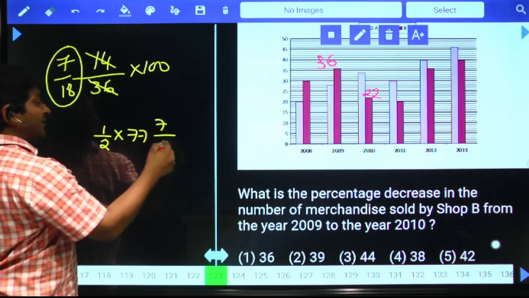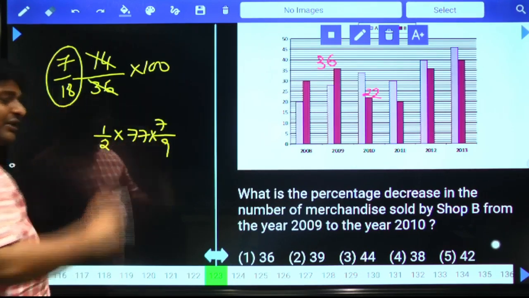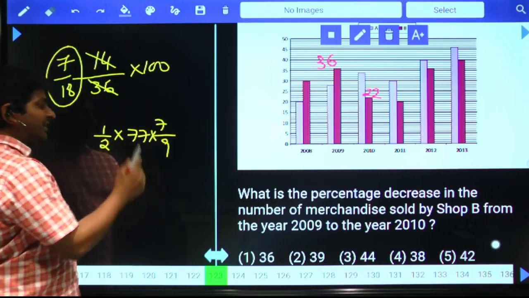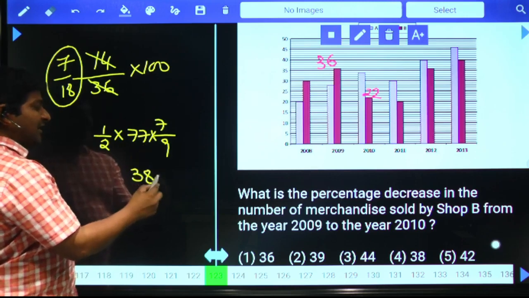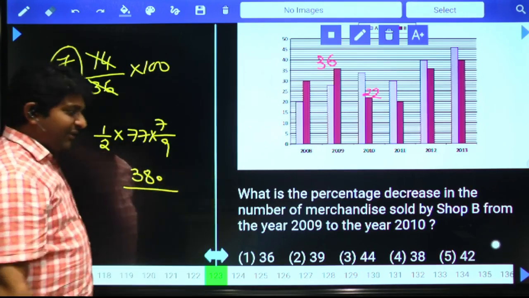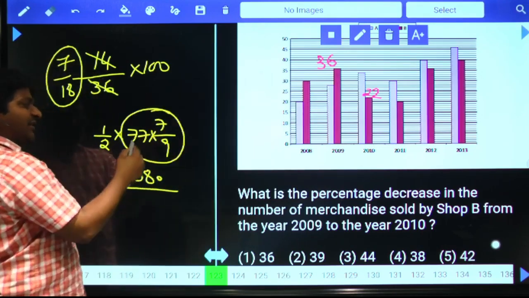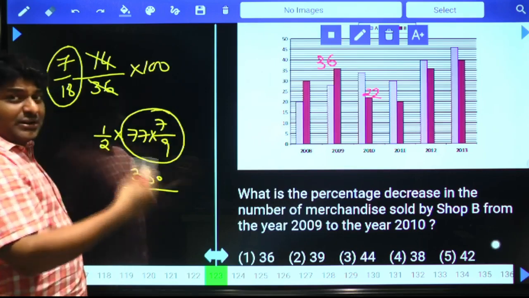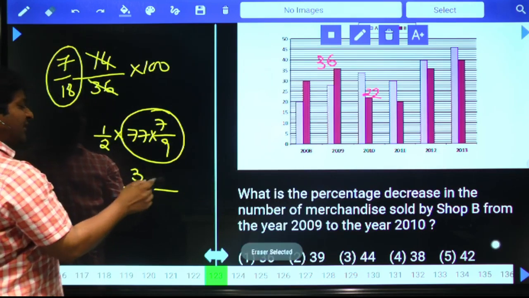Out of that we need to take half of that. Half of 77 is equal to 38 and something you have. Answer should be 38 point something. Definitely this value is close to 78 only. Half of 78 is equal to 39.